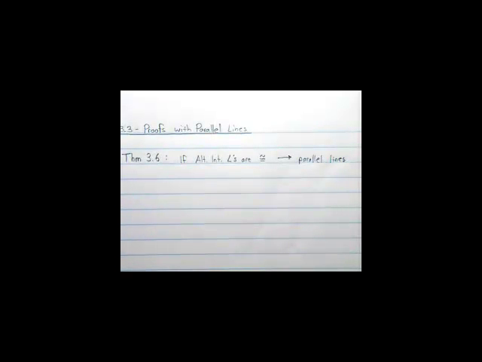If you have alternate interior angles that are congruent, then the lines are parallel. Okay? Like I said, converse, other way. Okay? Yesterday you had theorem 3.1, which said, if you have parallel lines, then the alternate interior angles are congruent. Well, the opposite is true too.